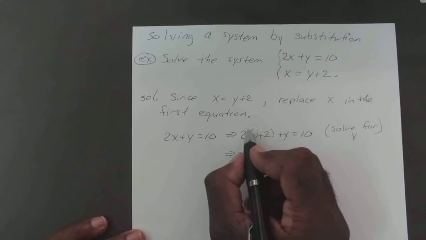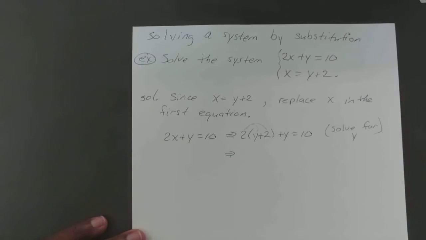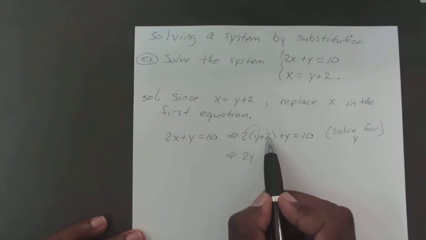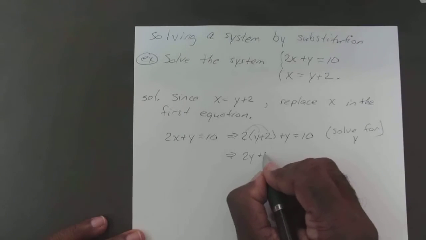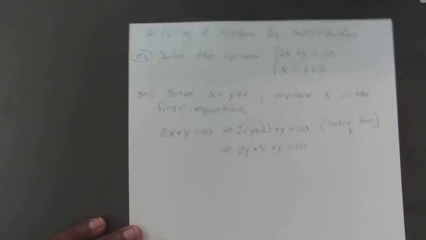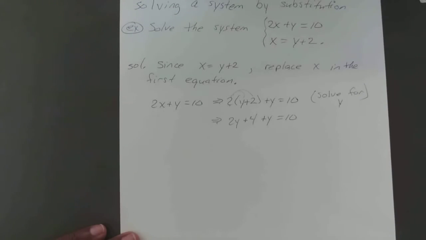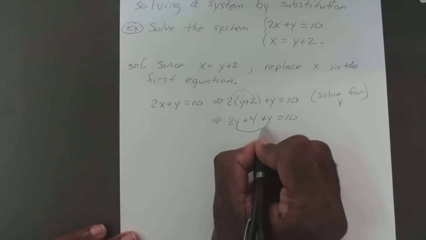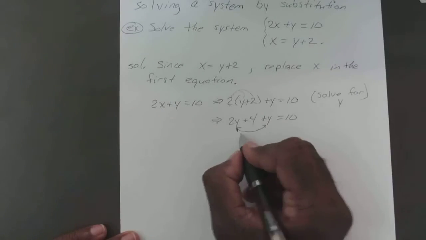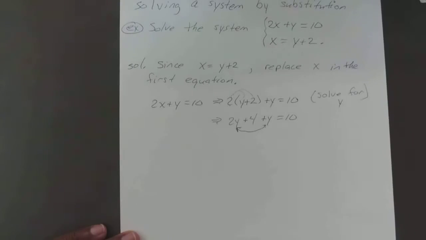Using the distributive property, distribute that 2. 2 times y is 2y, 2 times 2 is 4, plus y equals 10. We can combine 2y and y, so that's 3y.